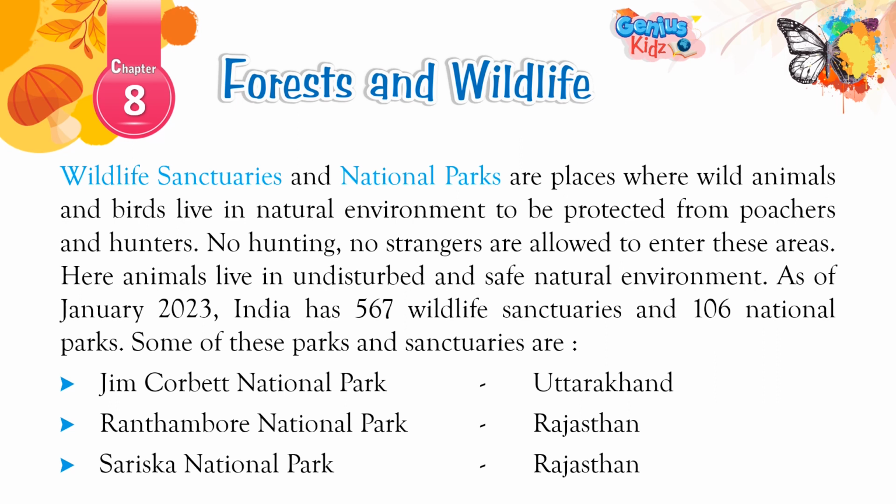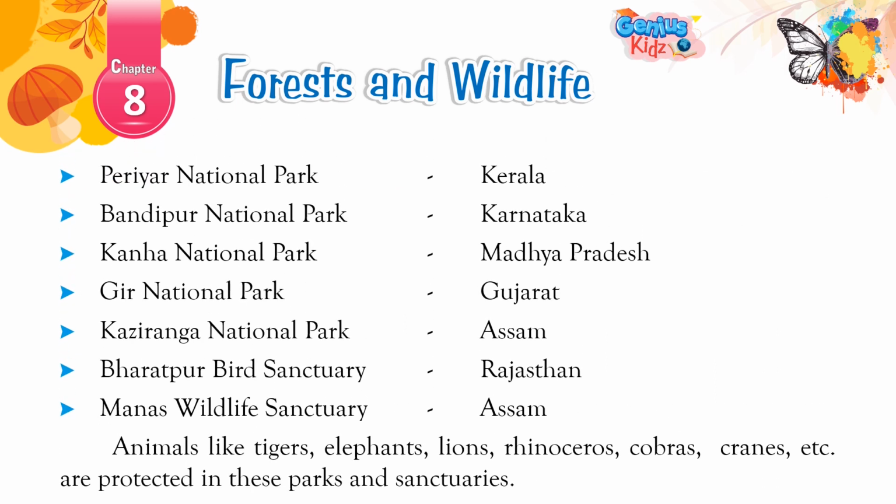Some of these parks and sanctuaries are Jim Corbett National Park, Uttarakhand; Ranthambore National Park, Rajasthan; Sariska National Park, Rajasthan; Periyar National Park, Kerala; Bandipur National Park, Karnataka; Kanha National Park, Madhya Pradesh; Gir National Park, Gujarat; Kaziranga National Park, Assam; Bharatpur Bird Sanctuary, Rajasthan; Manas Wildlife Sanctuary, Assam.